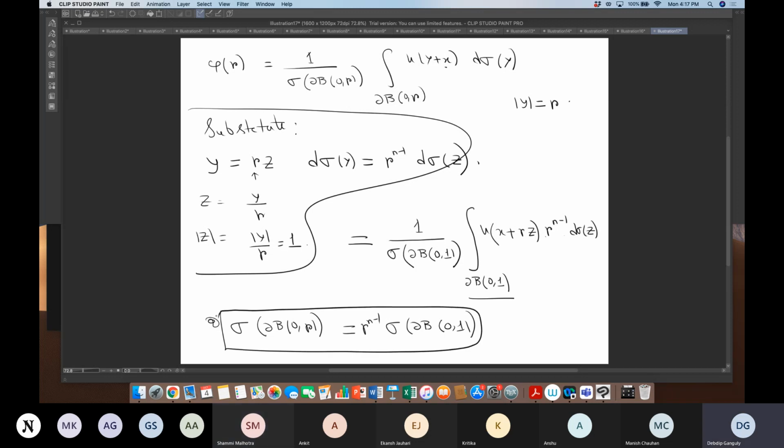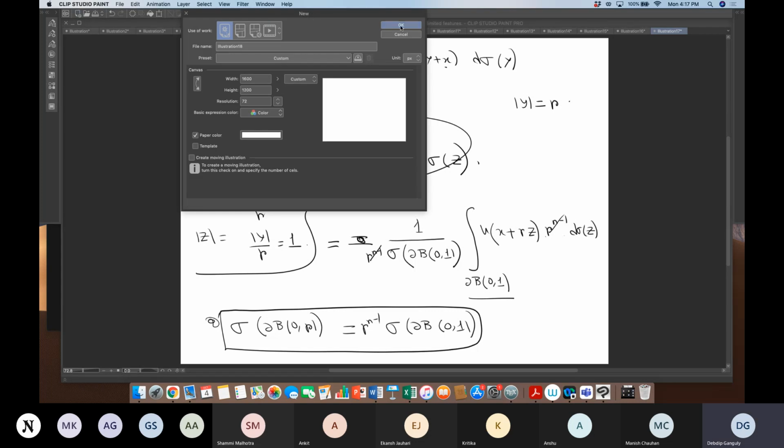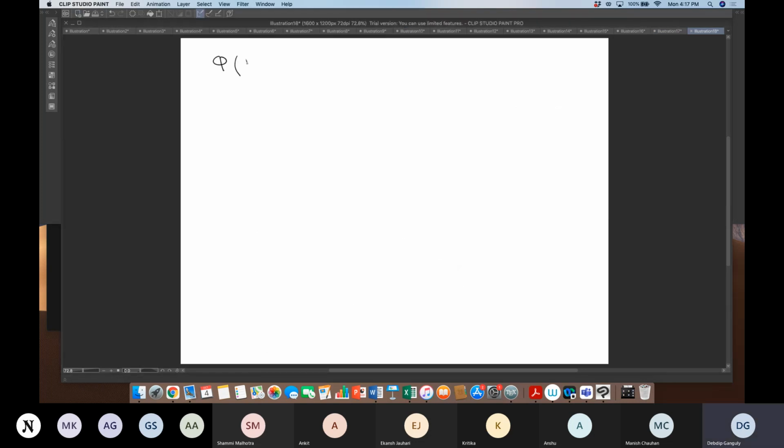It's just a scaling. Okay, so this will be r to the power n minus 1. So these r to the power n minus 1 cancel out. Okay? So you get phi of r is 1 by sigma of del B(0,1), integral over del B(0,1) of u of x plus rz d sigma z. Clear?